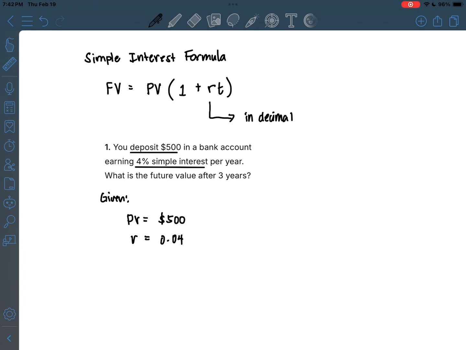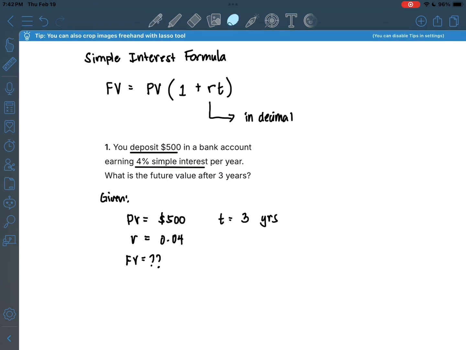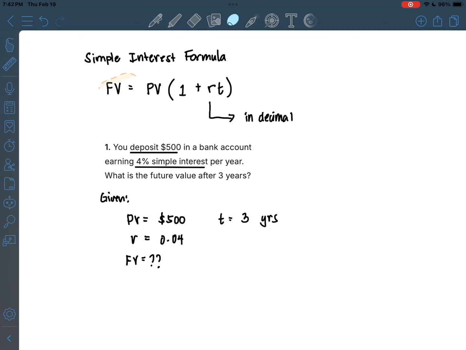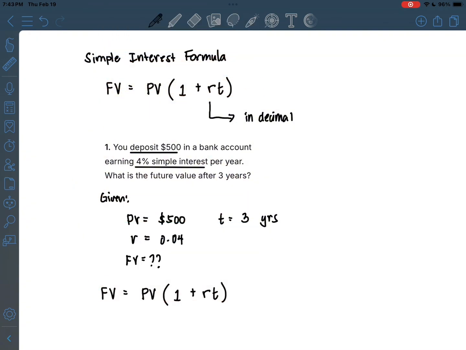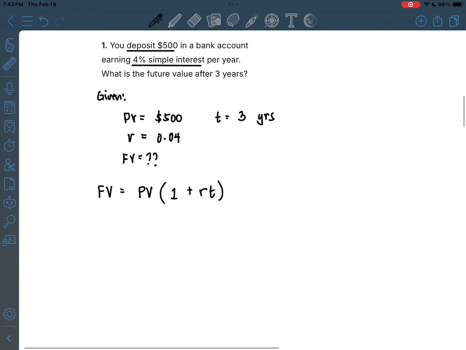And what is the future value? The future value is being asked in this problem after 3 years. So the T now would be 3 years. Using the formula that we have for the simple interest, we'll just duplicate this one, and then we will plug in all the values for PV, R and T. For the FV, we don't have it yet, so we're gonna solve for that.